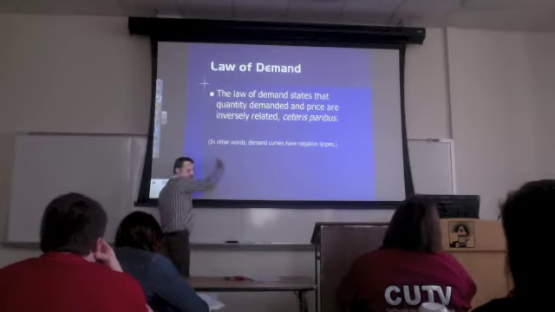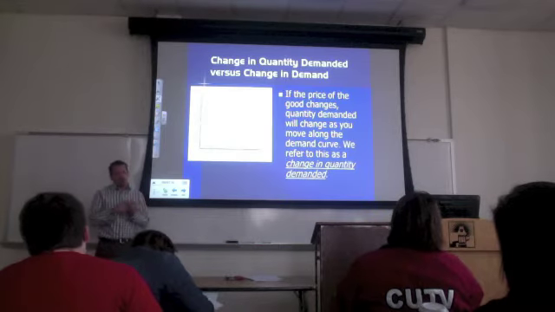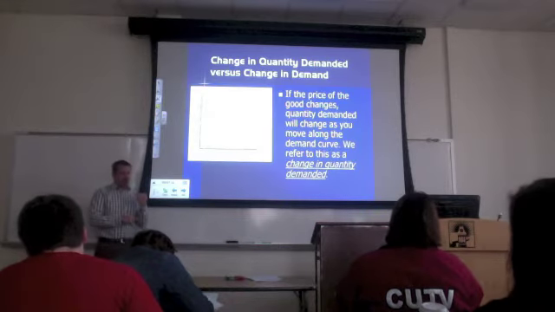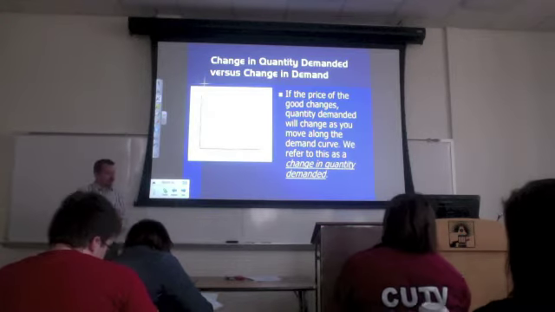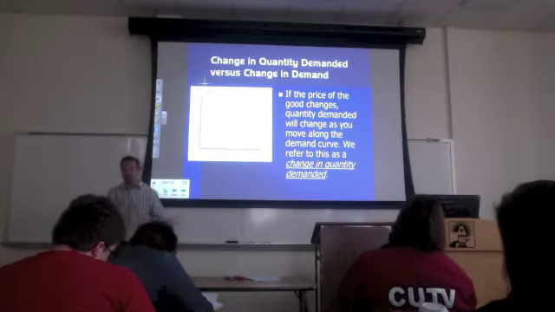And really what this has to do with is whether or not the ceteris paribus assumption holds, right? So we're looking at a situation where all else has remained constant, or a situation in which one of those other determinants besides price has changed: income, tastes and preferences, the number of buyers, the price of related goods in consumption, or consumer expectations.